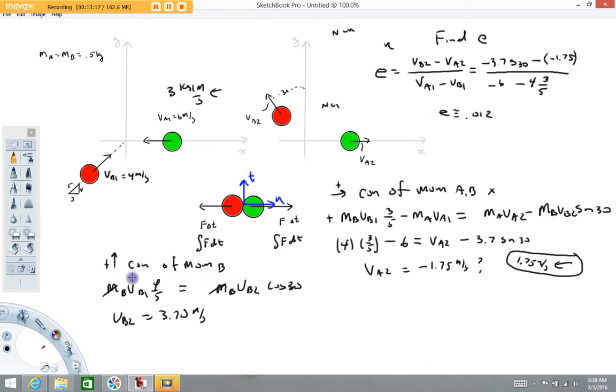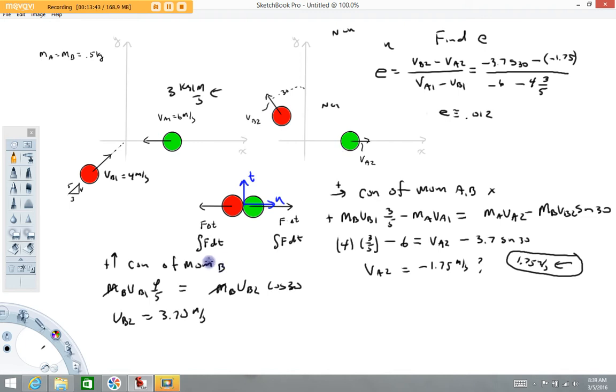So here we were able to write a momentum conservation for only mass B based on the fact that that exact impulse vector right there does not have a tangential component. That's what allowed us to write a conservation of momentum for that mass in the tangential direction. We could have also written a tangential momentum equation for this, but it would have been pretty boring. We would have had 0 equals 0, so that wouldn't have been any use.